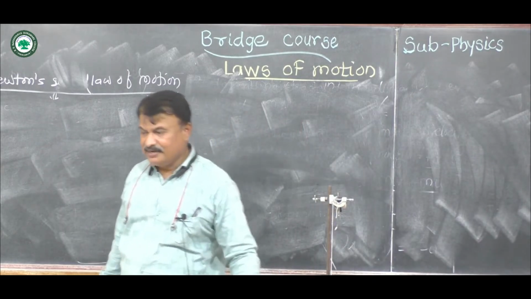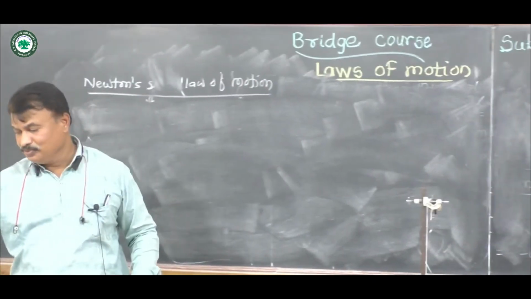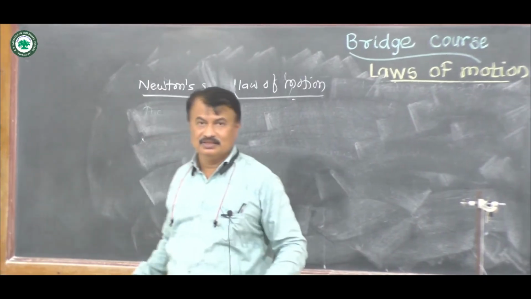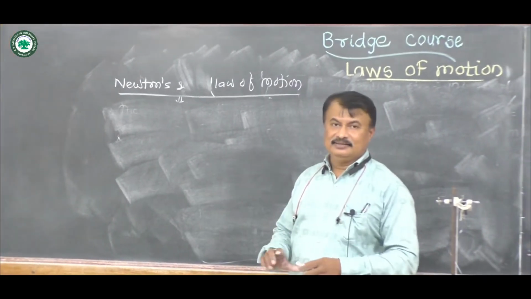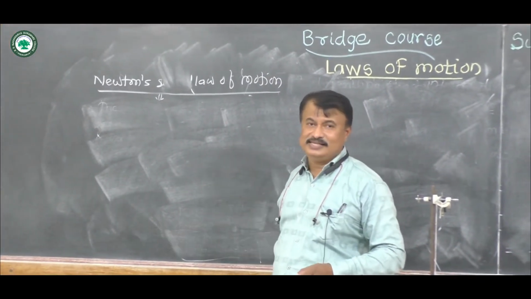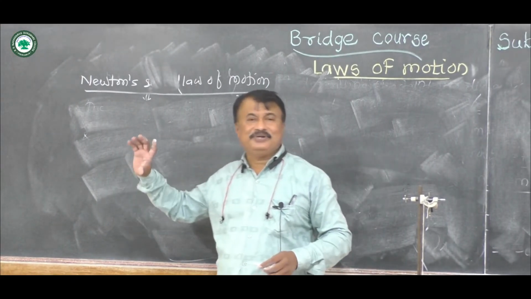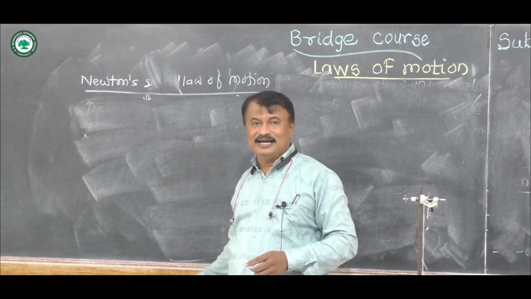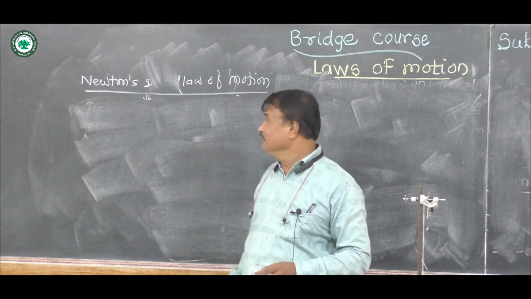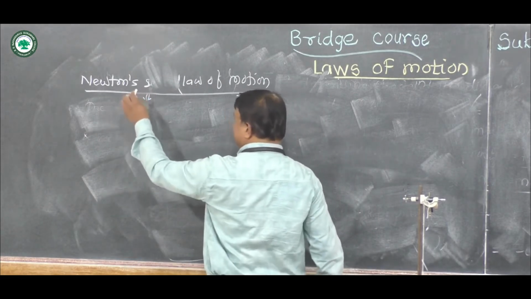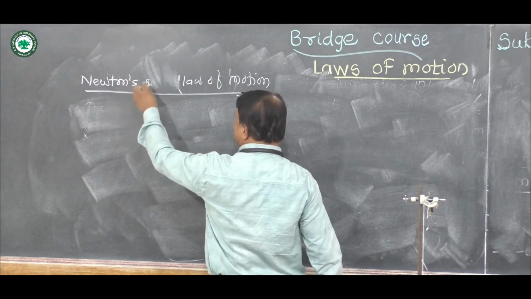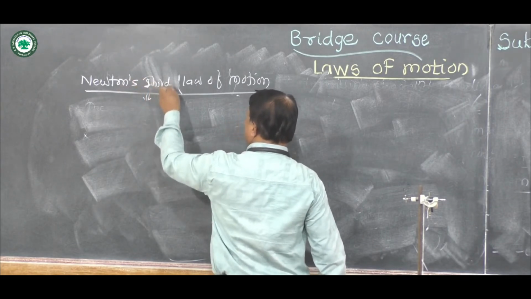This is action force, and earth exerts force on the rocket. This is reaction force. Both these forces have equal magnitude, but directions are opposite to each other. So according to this example, we can explain Newton's third law of motion.